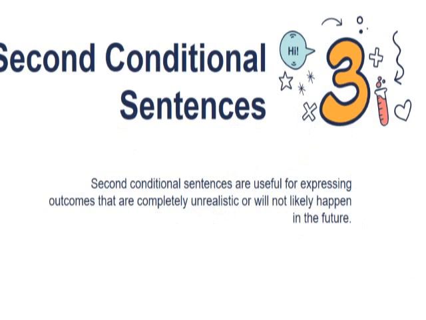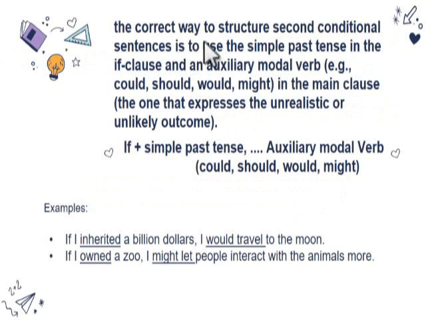Second conditional sentences. How to construct the second conditional sentence? The correct way to structure the second conditional sentences is to use simple past in the if clause. Remember, in the if clause you use simple past, and you use an auxiliary modal verb like could, should, would, and might in the main clause, followed by verb 1.